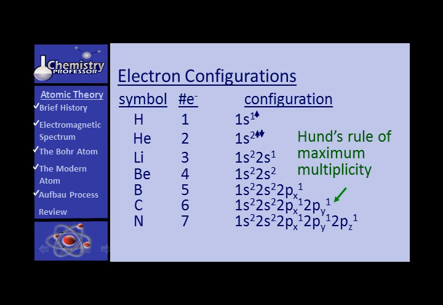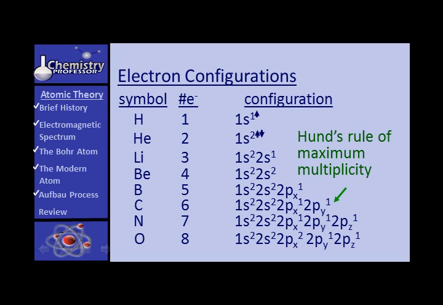Hund's rule of maximum multiplicity again, yeah. All right, let's go on. Oxygen with 8 electrons. Now, you're going to add one more in there to the configuration of nitrogen. Where's this 8th one going to go? How about like this? How about 1s2, 2s2? We put 1 in each of the p orbitals. Now we're going to put a second one in the px, and that makes up our 8.